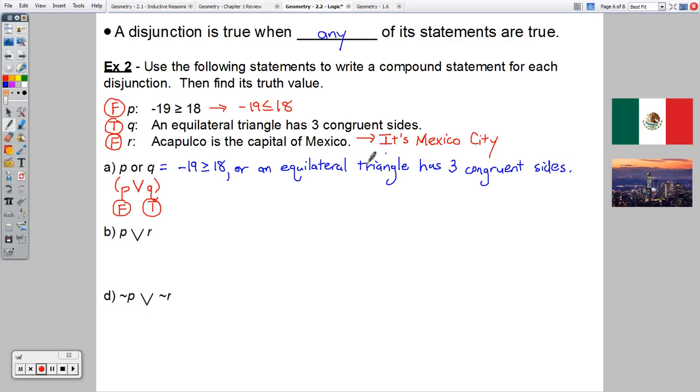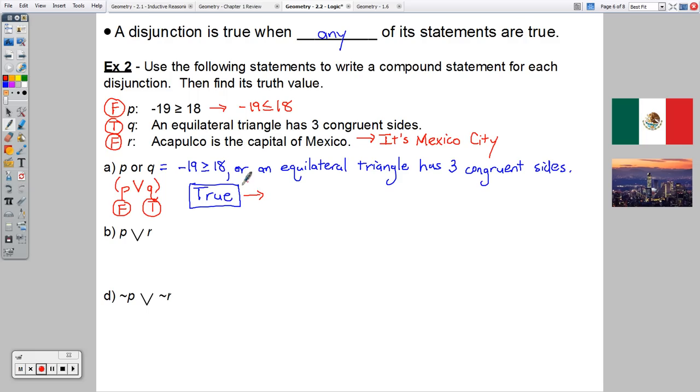So is this a true statement put together? So this part's not true, but the second part is true. And as long as one of the things is true, you have a true compound statement, a true disjunction. So this is true.